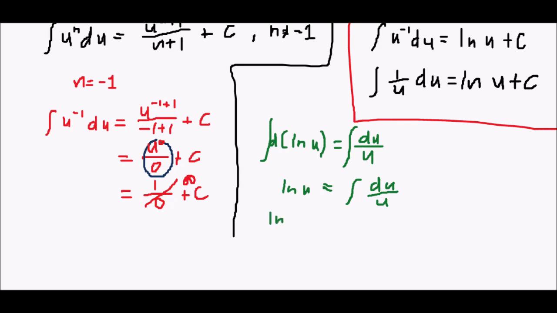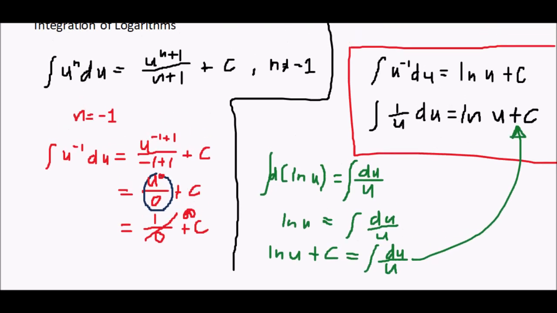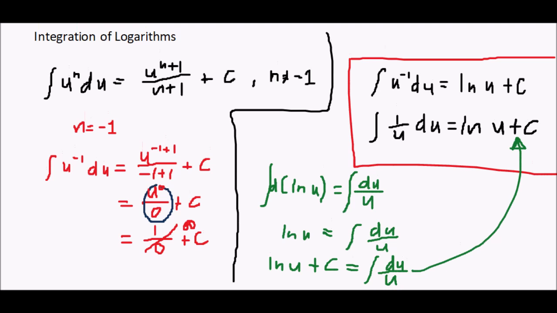So ln u plus c is equal to the integral of du over u, which is equal to this formula. That is basically the integration of logarithms.